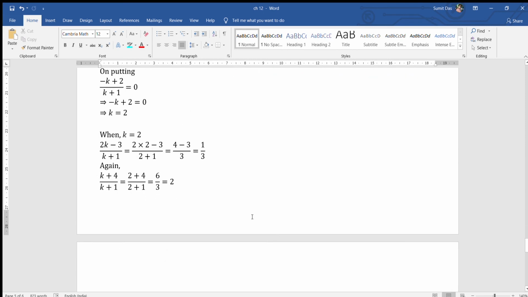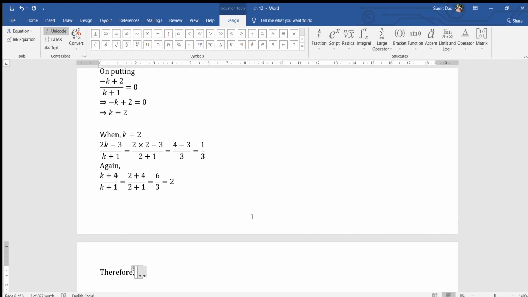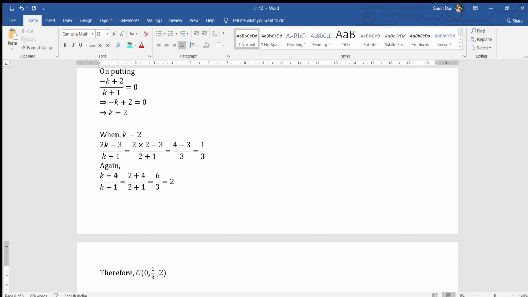Therefore we can write, C(0, 1/3, 2) is a point which divides AB internally in 2:1 ratio.